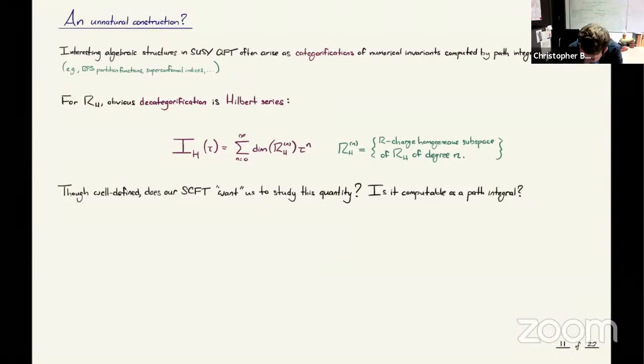And the place to look for that, I claim, is in the world of superconformal indices. So superconformal indices are a class of partition functions for superconformal field theories that count various nice subclasses of representations of the superconformal algebra that appear in its spectrum of operators.